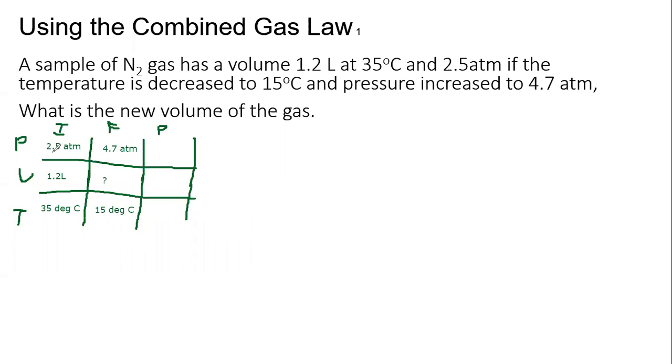So here, we notice that pressure increases because it went from 2.5 to 4.7. Here we notice temperature decreases from 35 to 15. So we need to predict what volume will do.